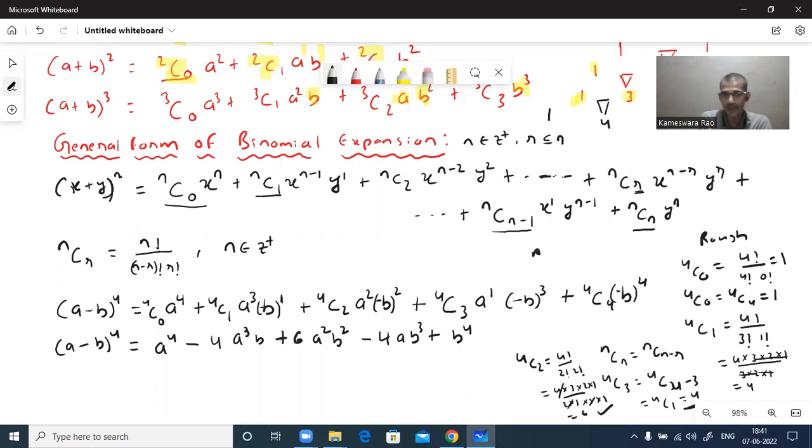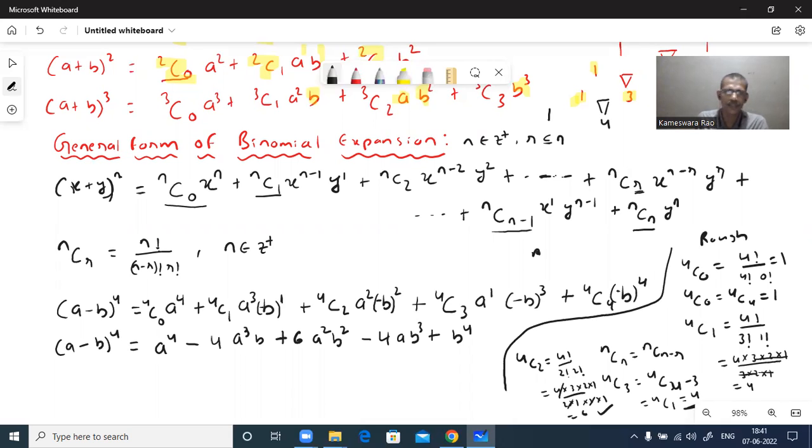Binomial coefficients, you have seen 4C0, 4C1, how to calculate them. Similarly, you can use Pascal's triangle, but from the first row onwards you have to write. Then only you will get A plus B whole power 4.